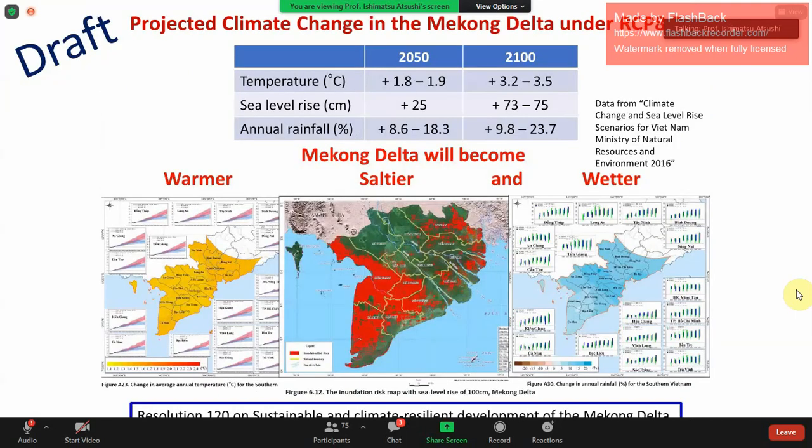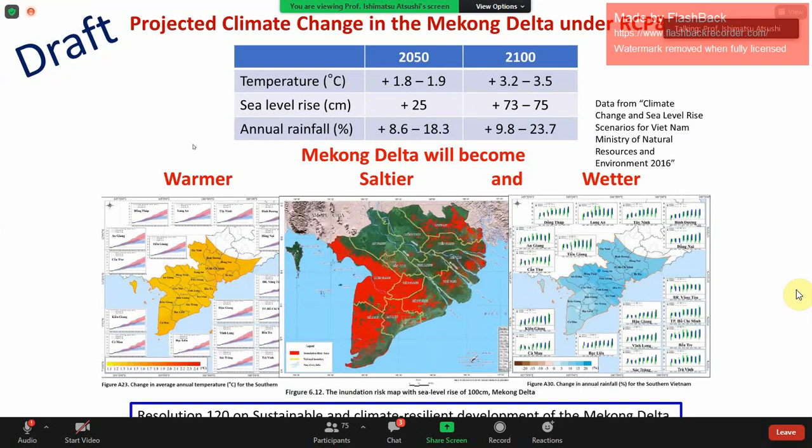Similar thing is this one. This is also a draft version of one of my slides. Here I'm talking about climate change impacts. So initially I thought it was a good idea to explain somewhat about temperature, sea level rise and rainfall.